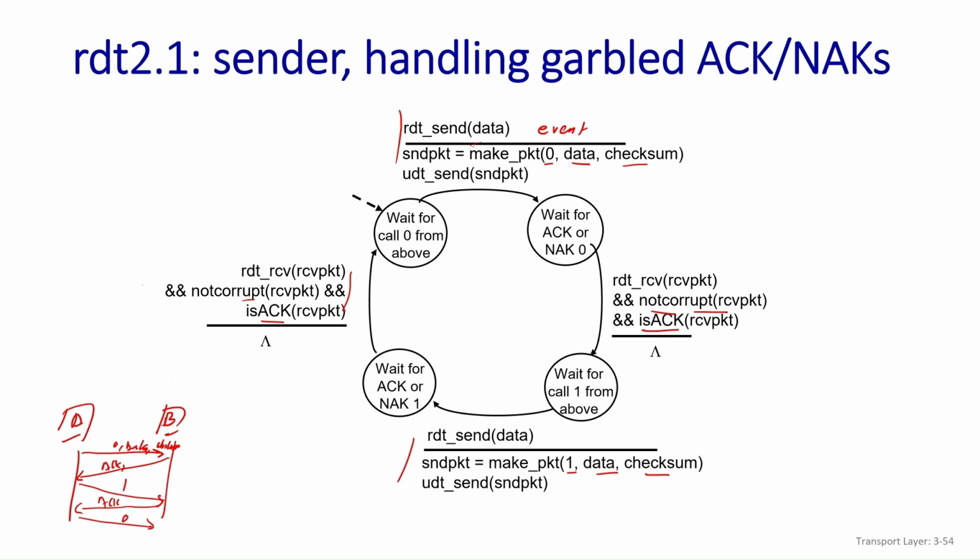What if the ACK or NAK is corrupt? What about all those possibilities? Let's explore this. While we were waiting for ACK or NAK, let's assume this event takes place: we have received a packet and either the packet is corrupt or it is a negative acknowledgement.